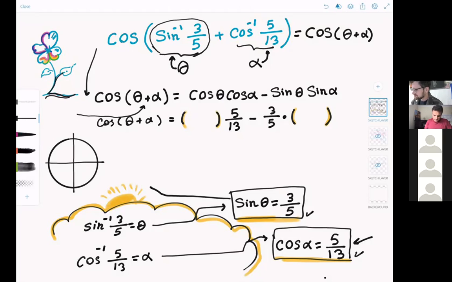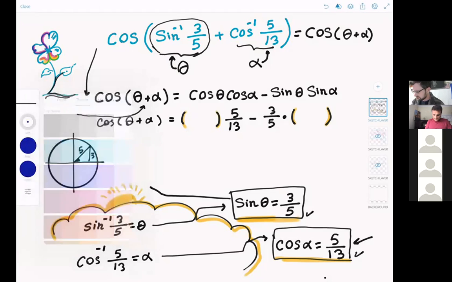So randomly, I'm going to make this one theta. This is 3, and that's 5. We use the Pythagorean theorem. You solve for x, which is 4. Then from here, cosine of theta will be 4/5. Then you plug 4/5 here.